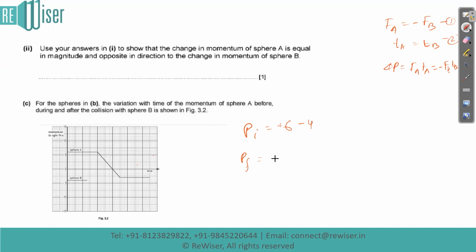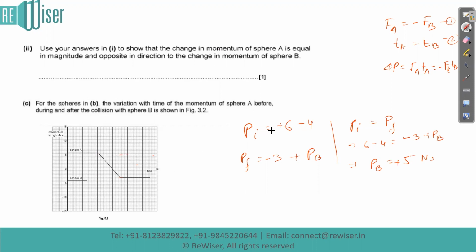This is minus 3 newton second, plus PB, which obviously will be positive, the momentum of sphere B after the collision. Now, I can use momentum conservation. So 6 minus 4 is equal to minus 3 plus PB. From here, we get PB to be positive 5 newton second.